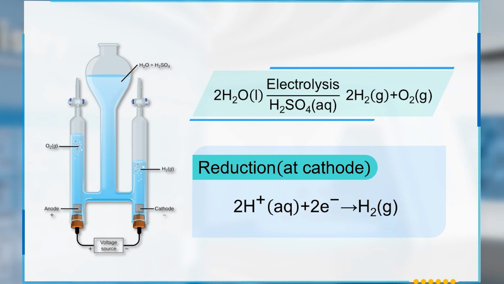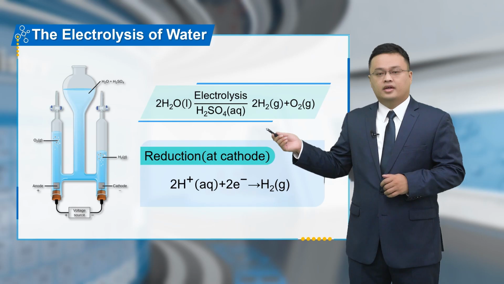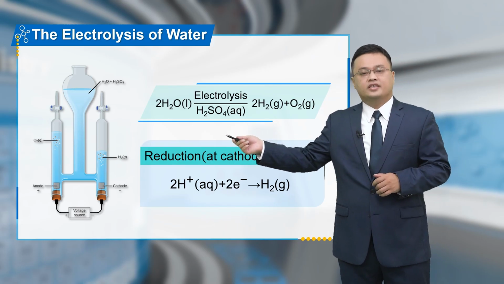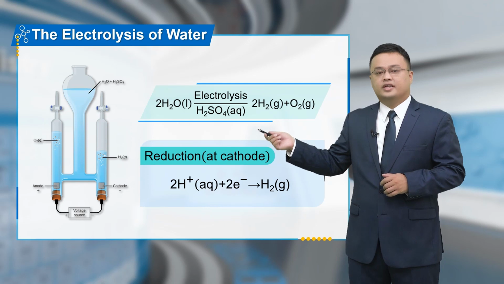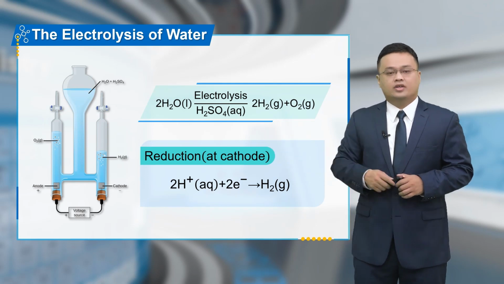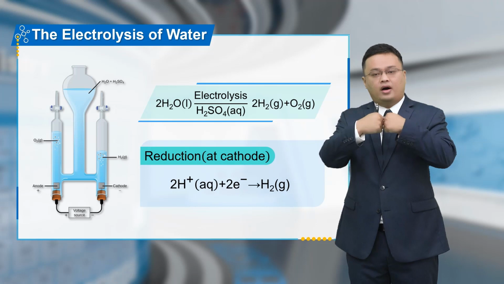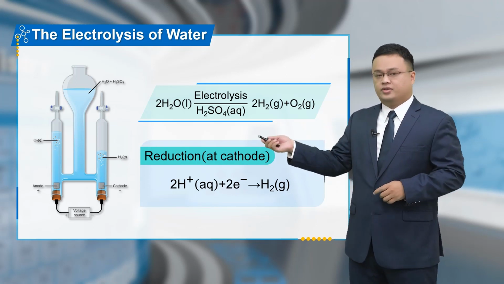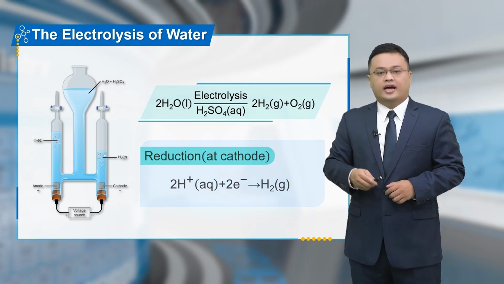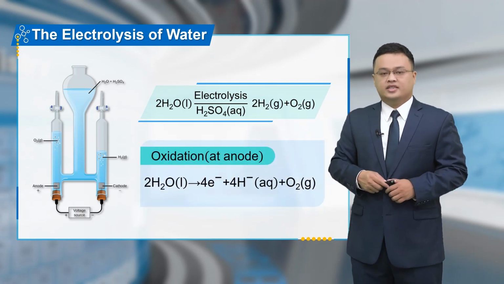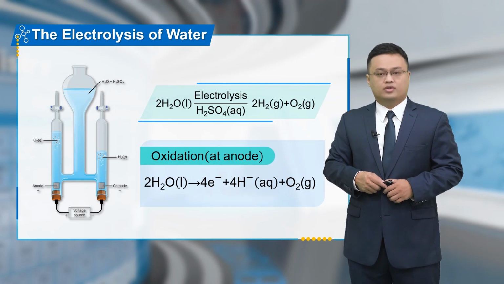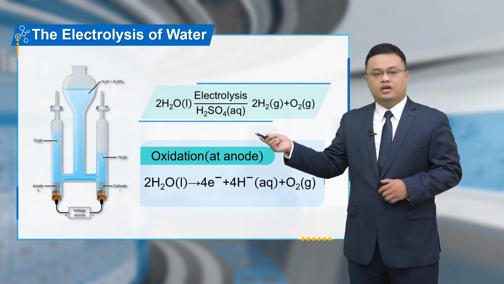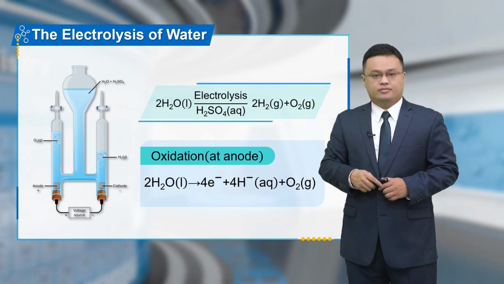Hydrogen ions in the acidic solution are attracted to the negative electrode, called the cathode. Here they gain electrons to form hydrogen atoms, and hydrogen atoms join to form molecules of hydrogen. Reduction occurs at the cathode. And sulfate ions are attracted to the positive electrode, called the anode, but they undergo no change.